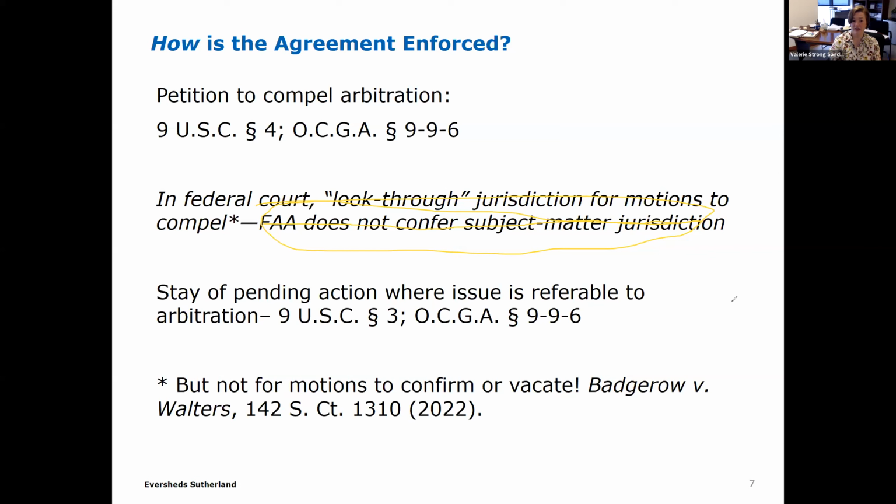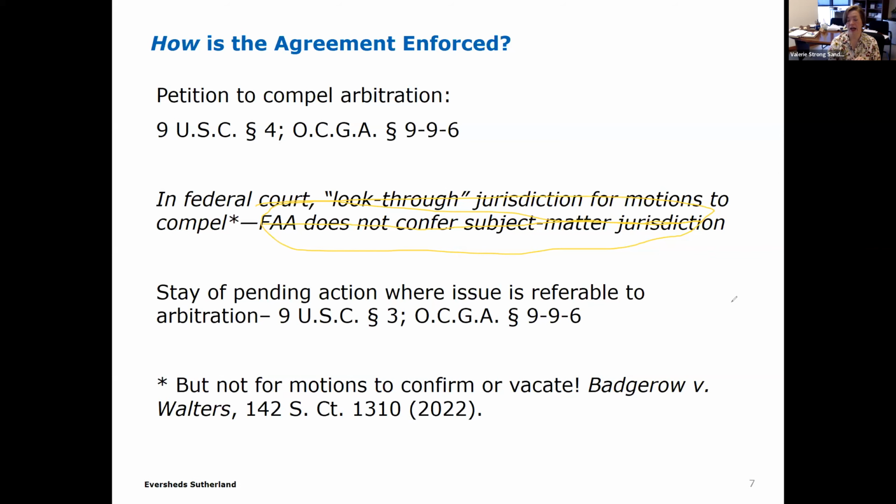So in that case, if my opponent and I are non-diverse, well, we've got a $1 million dispute, but we don't have diversity of citizenship, so that's not going to be a basis for federal jurisdiction. Similarly, if our underlying dispute was about the validity of a patent, say, that's not going to be a way to get into federal court for a motion to confirm or vacate.